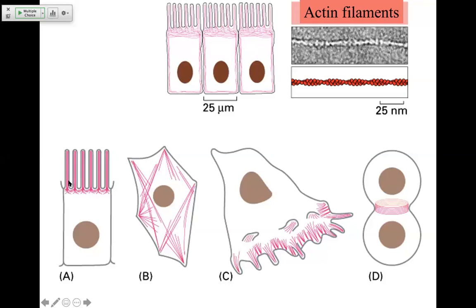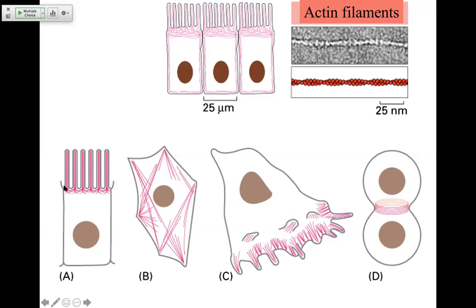These are tiny little extensions of the plasma membrane. This is not a cilium. A microvillus is an extension held out from one end of our cell by bundles of actin filaments.